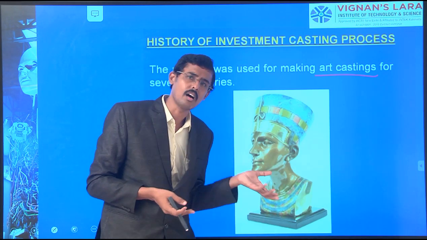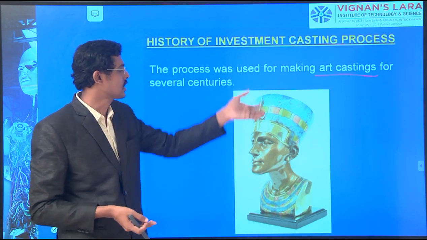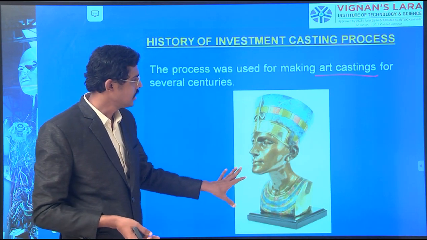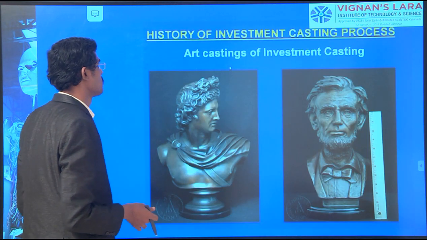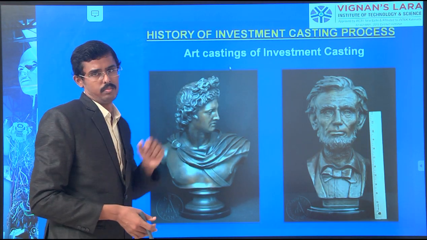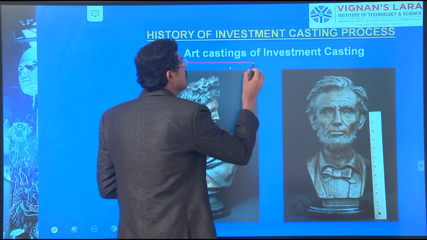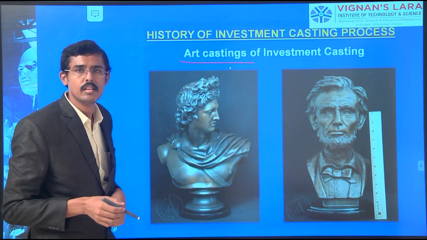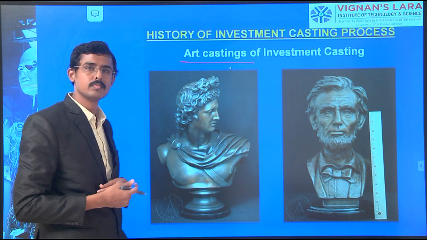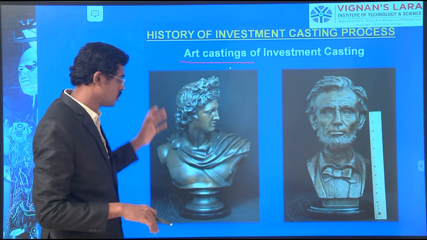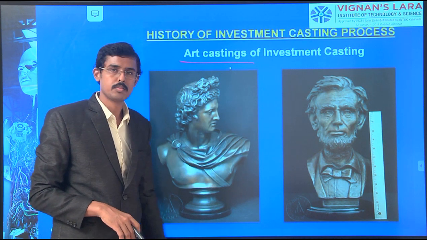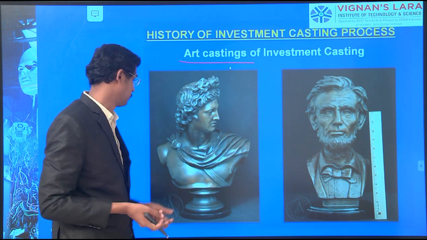Some others also made art castings with neatly made designs. One more art casting is a design made using bronze. The bronze has been melted and poured, and some superb art is received.